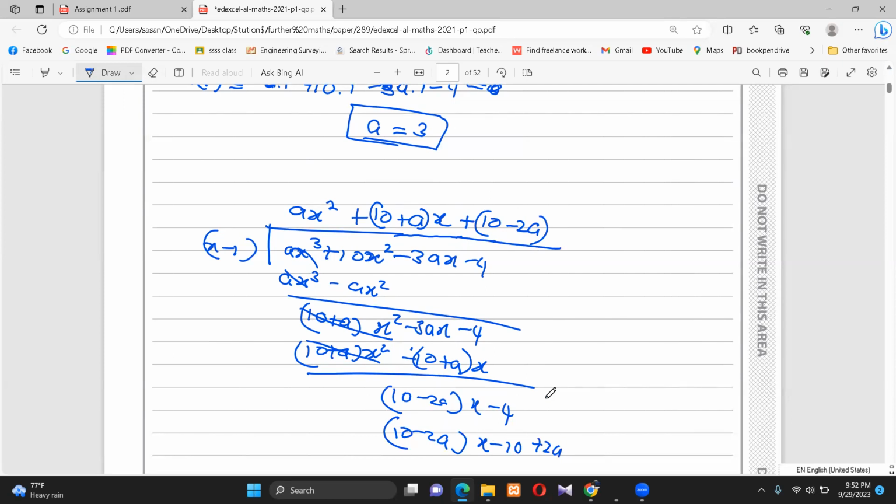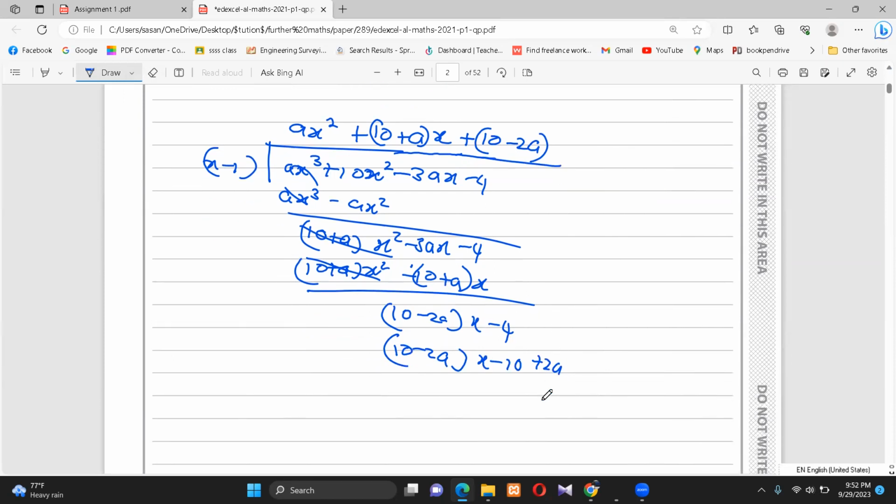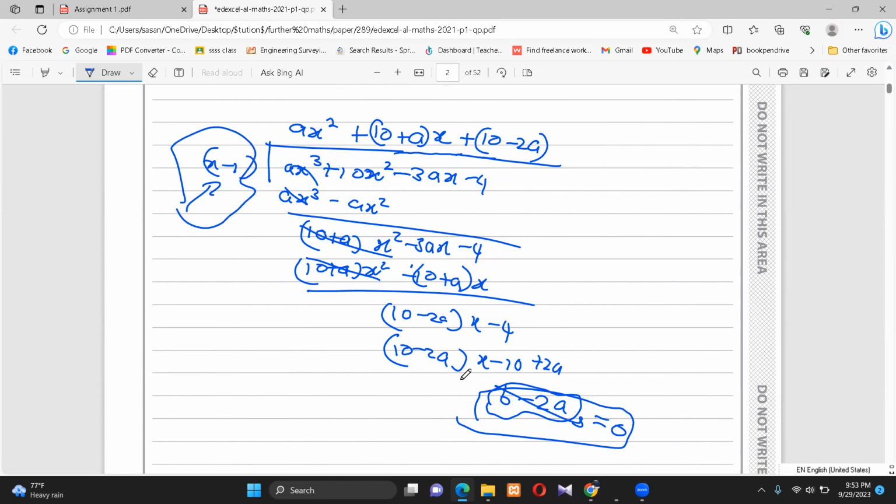Now we get the subtraction, and you can see 6 minus 2a. This should be equal to 0 because they have given that x minus 1 is a factor of f(x), so there should not be a remainder.